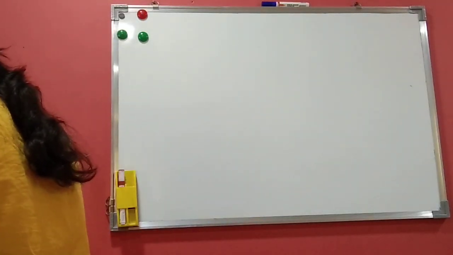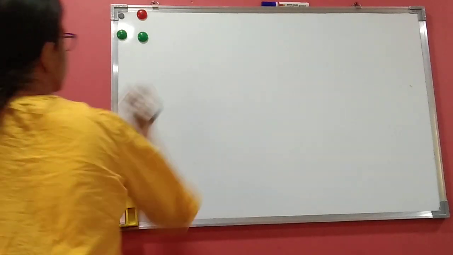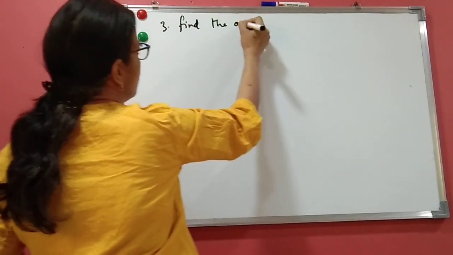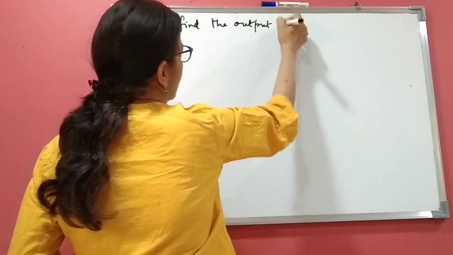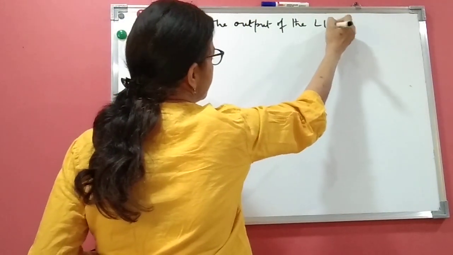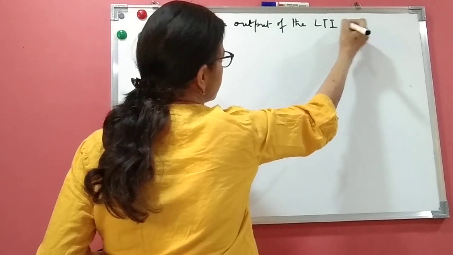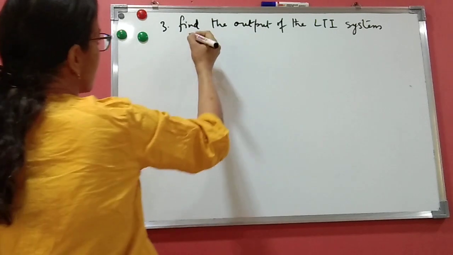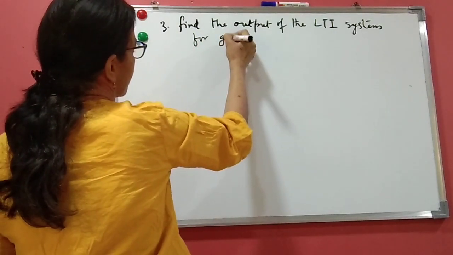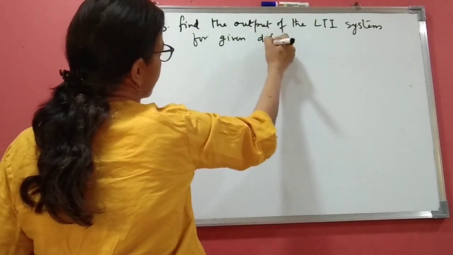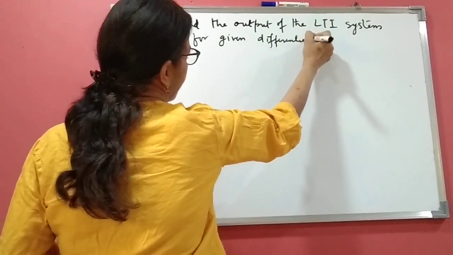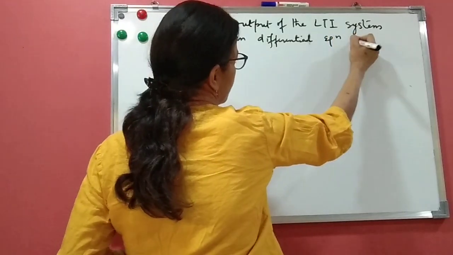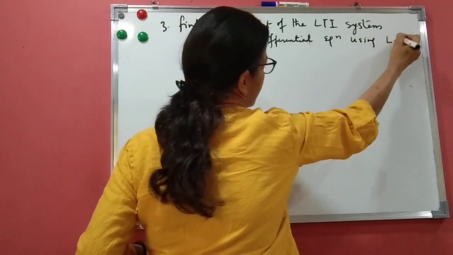Yes, write down the question here. Find the output of the LTI system. All of you know what is an LTI system? It's a linear time invariant system for a given differential equation using Laplace transform.